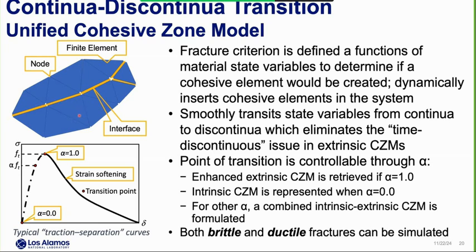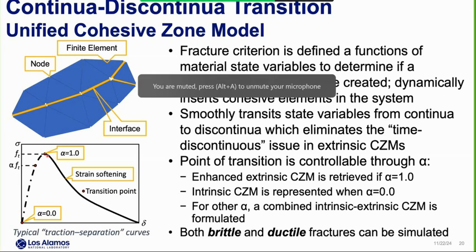As demonstrated in the bottom left picture, the point of transition in our unified cohesive zone model is controllable through a parameter alpha. If alpha is 0, then an intrinsic cohesive zone model is represented. If alpha is 1, then the enhanced extrinsic cohesive zone model is retrieved.